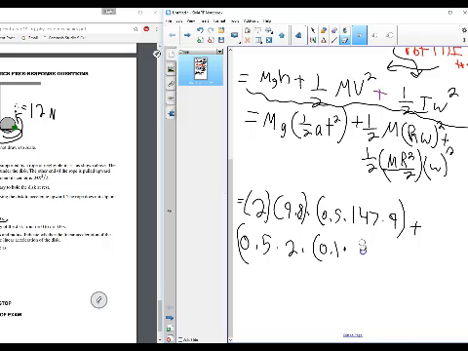Let me check my calculator, and I think that was 44 radians per second. Yeah, 44 radians per second. Cool.